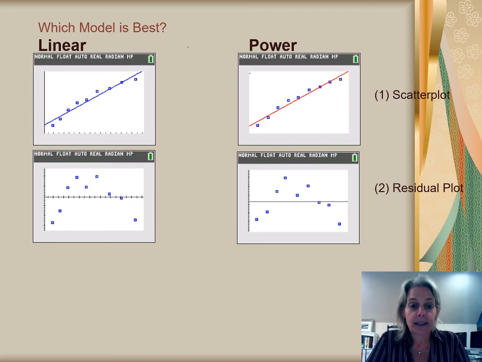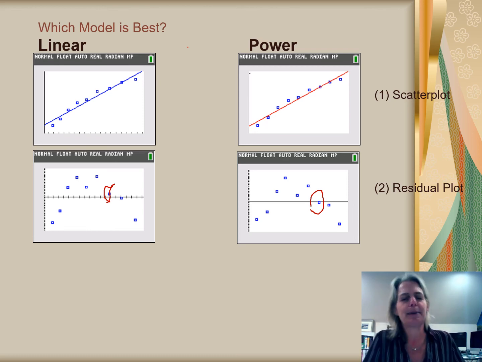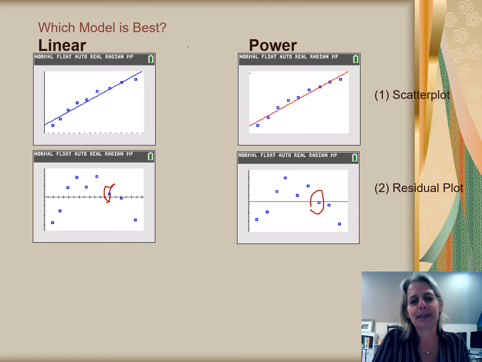The residual plot, definitely there's a pattern in the linear model. There's still kind of a pattern in the power model. And as a matter of fact, it almost looks like the same graph. But there is one little difference here. That point, and that point, look a little bit better in the power model, but not much. Really, just between the graphs, we wouldn't be able to tell.